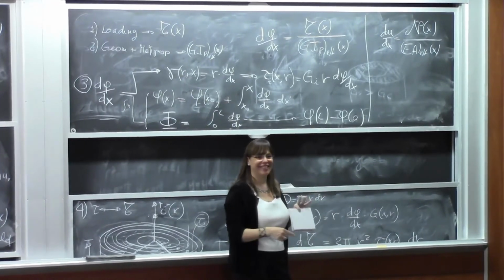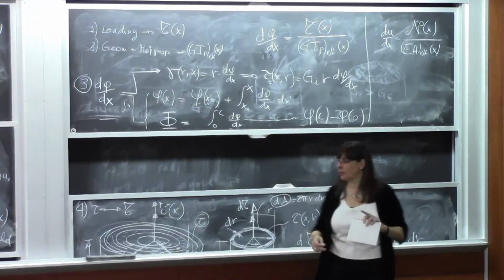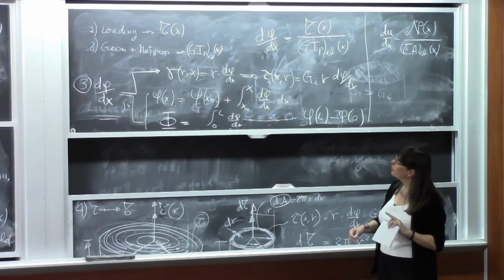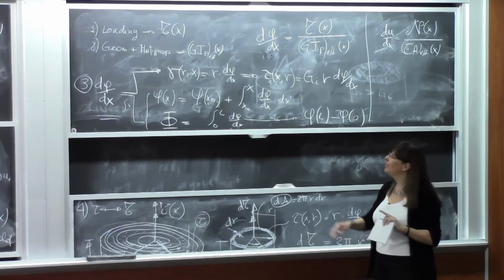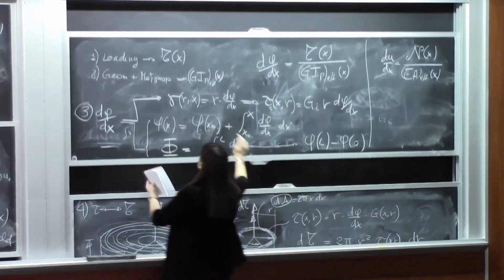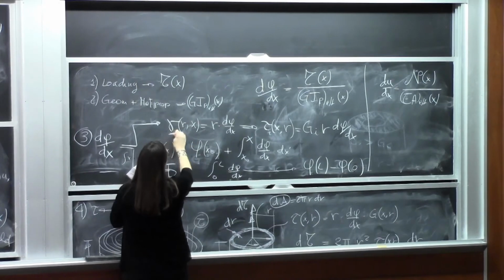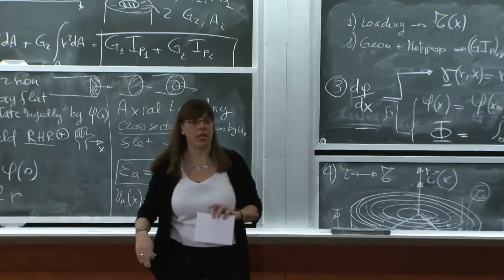Okay, yes? The first line, you have phi equal to r... Gamma is the shear strain. Like if you go to that board, it's shear strain, gamma.